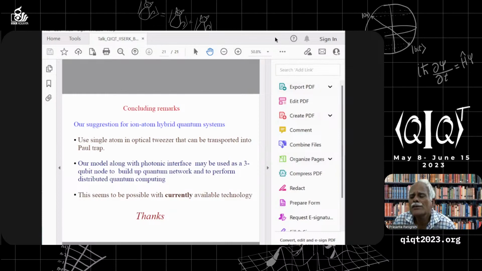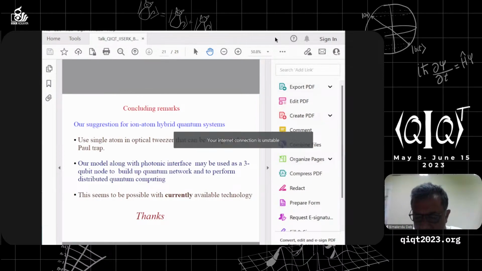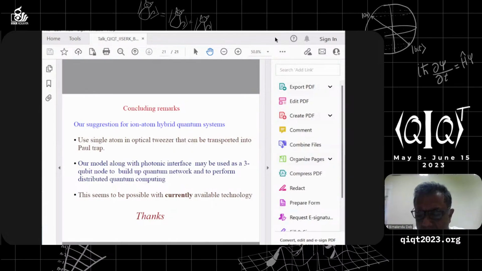But you can also use EIT with your distributed setup for a memory kind of thing, right? In principle, yes, memory. That's what I forgot to mention: another motivation to look into this problem is that if you trap an ion, it stays there in the ion trap for days. So ion has a longer lifetime, and its coherence also has a long lifetime.